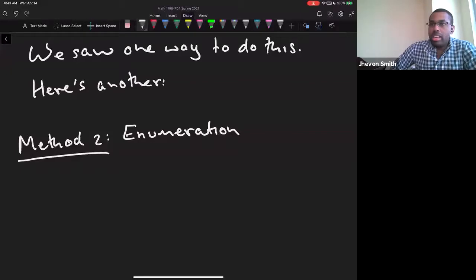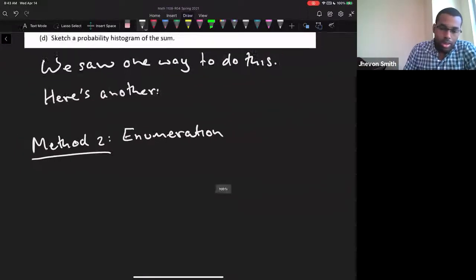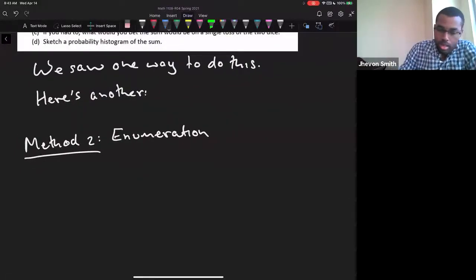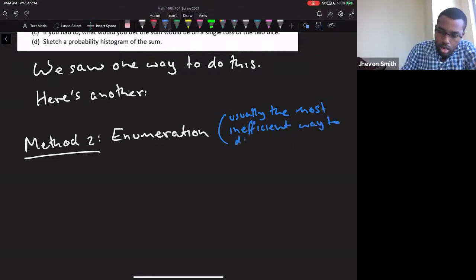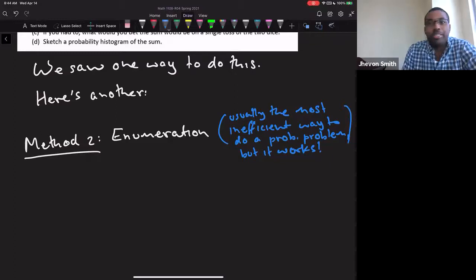It's usually the most inefficient way to do a probability problem. But it works, and that's good enough sometimes, right?